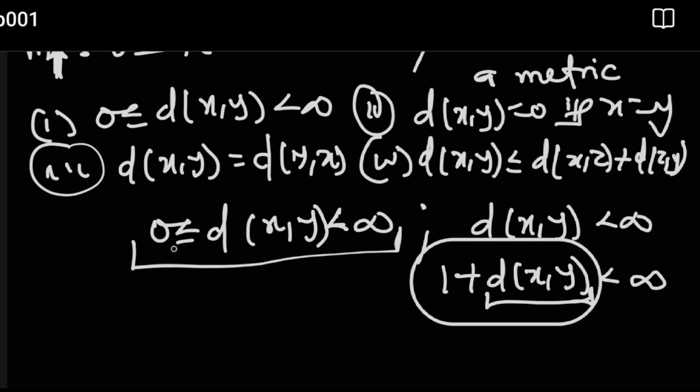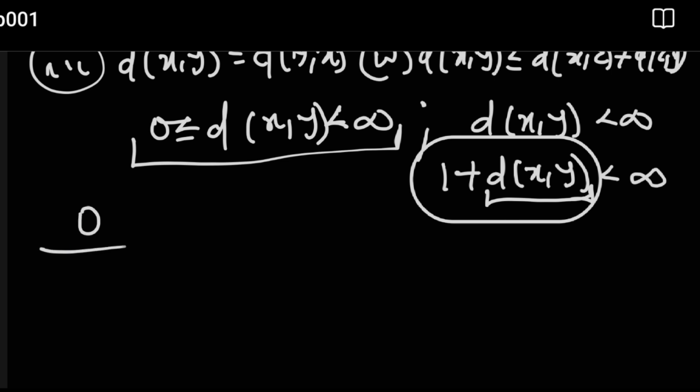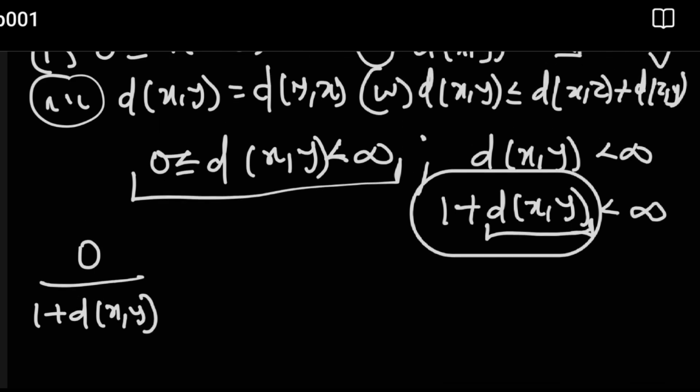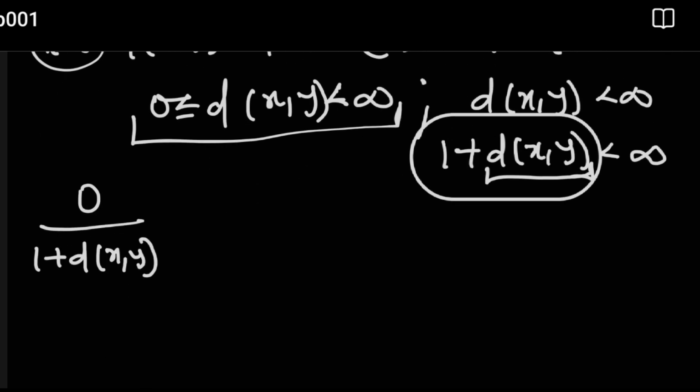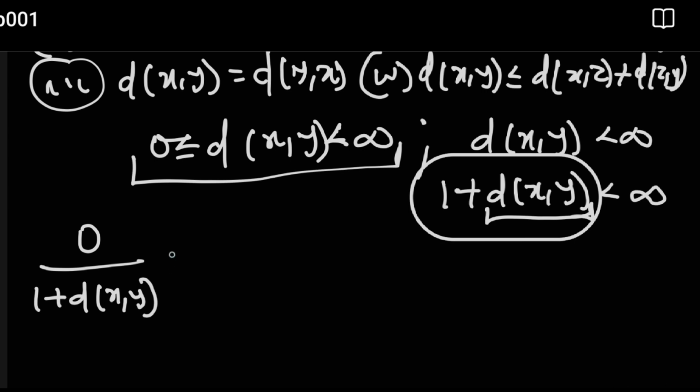So if you divide each of these by this real number, you have 0 divided by 1 plus d(x,y). Remember, 1 plus d(x,y) is not equal to 0, because even if d(x,y) is equal to 0, 1 plus 0 will give you 1. So the denominator can never be 0, so this is defined.